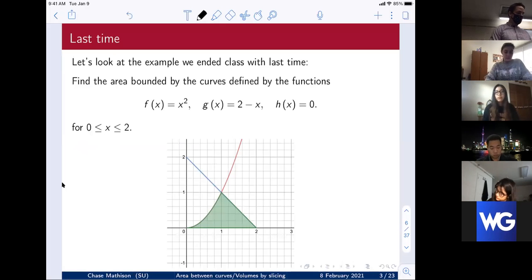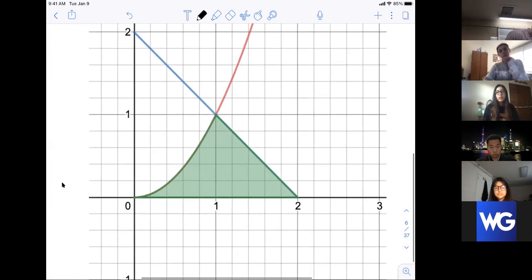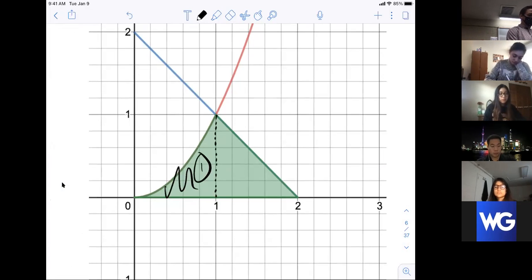Okay, last time we looked at this and we said, okay, well, I can find the area bounded by all these curves by breaking this up here at x equals 1 and finding this area, which we'll call area 1, and this area, which we'll call area 2. Breaking that up and doing 2 separate integrals and going from there.